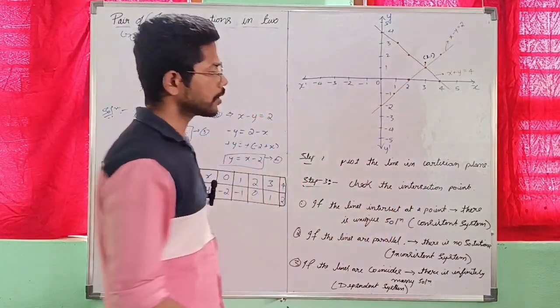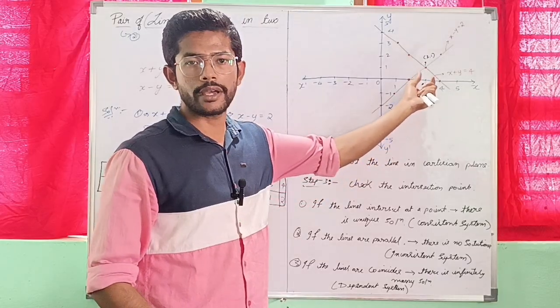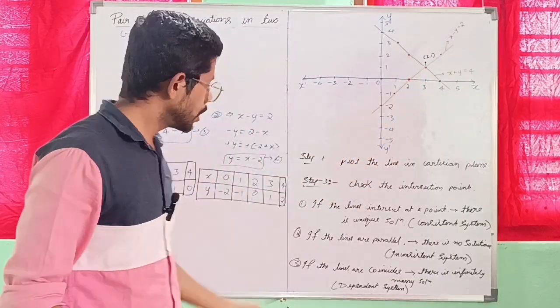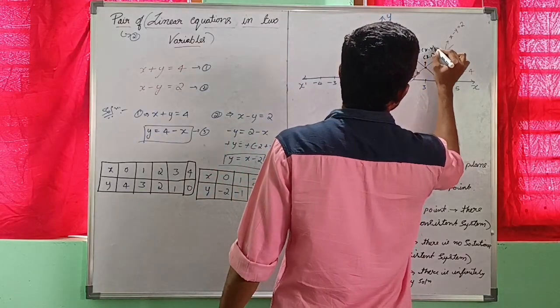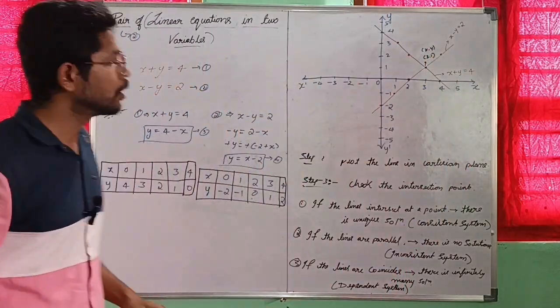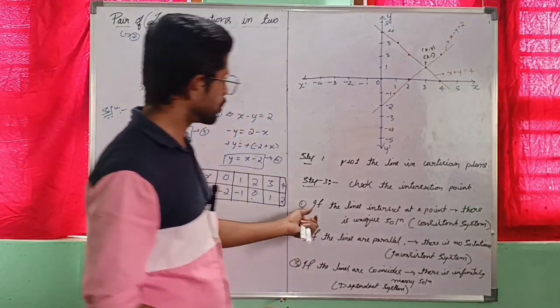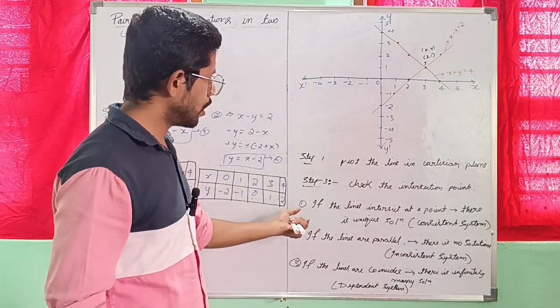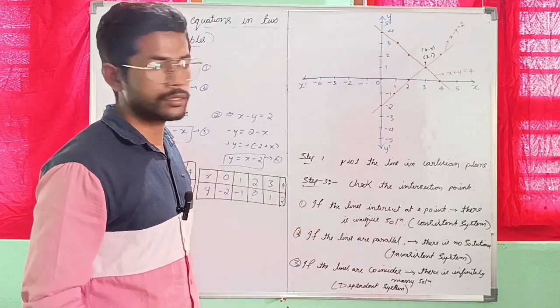So we already checked the intersection point: it is (3, 1). This is of the form (x, y), an ordered pair. Let us see in which case we get this solution.